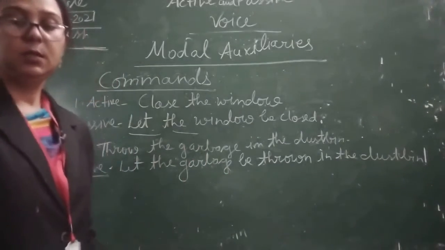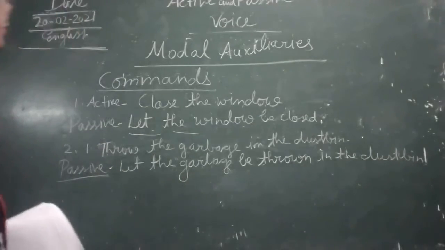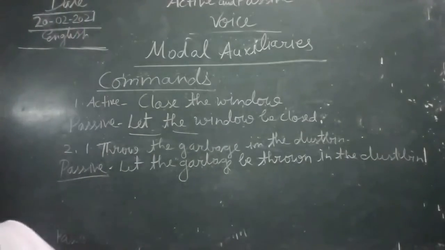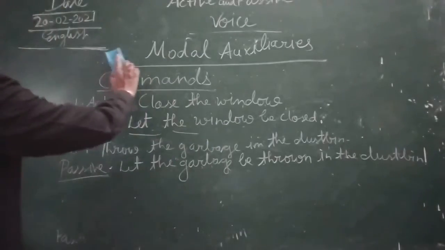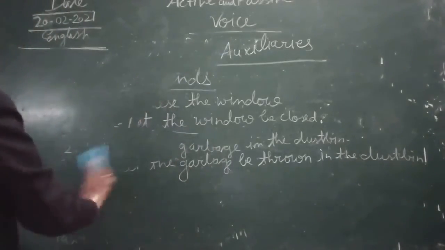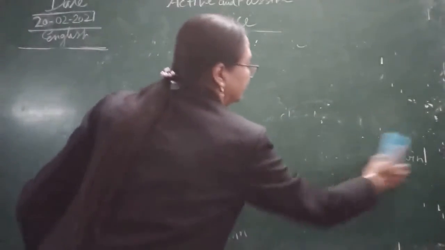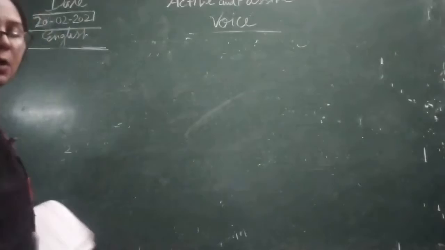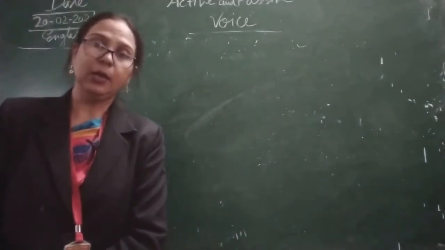Okay. So now children, we will move to the next part, that is transformation of interrogative sentences. After modal auxiliaries, we are going to learn how to convert active to passive voice in interrogative sentences.